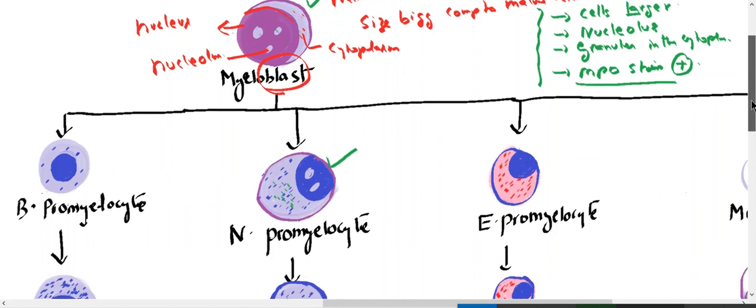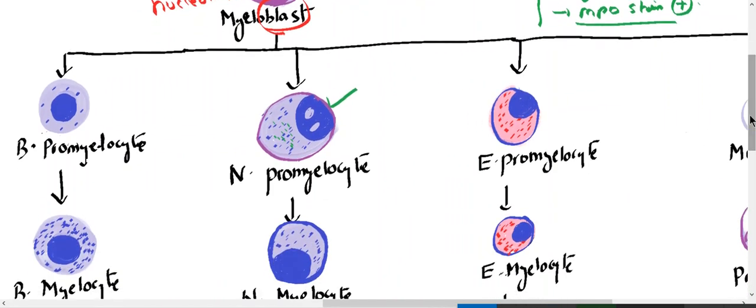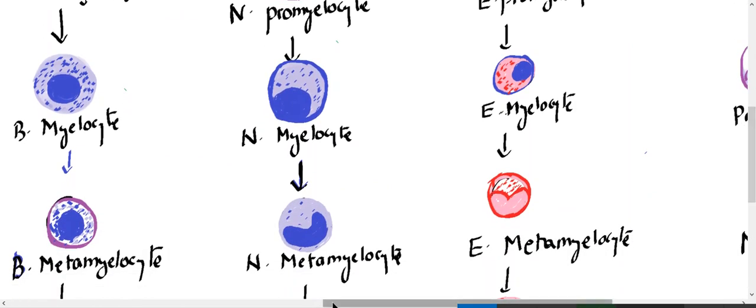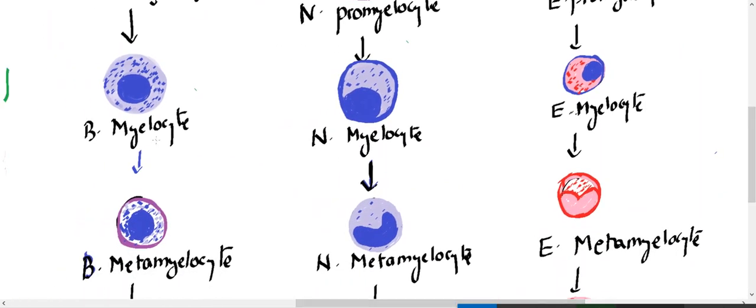Okay, so now let's go back and understand each cell. From the myeloblast, the cell can form a basophil, neutrophil, or eosinophil. In a promyelocyte, you can see the cell is packed with cytoplasmic granules. Similarly, basophil means blue, guys, so that's blue, and then they form the myelocyte.